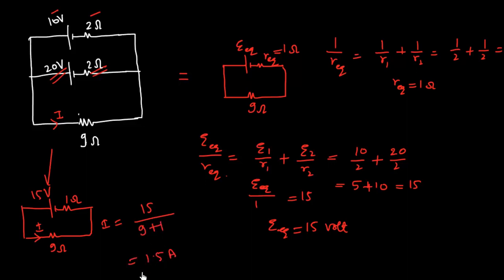This way we can easily solve it. Otherwise, there's another method we can apply here, and it is Kirchhoff's voltage law. We can assume a current I1, a current I2, and a current equal to I1 plus I2, and apply KVL in two loops, because there are two unknowns I1 and I2, and you can find the current.